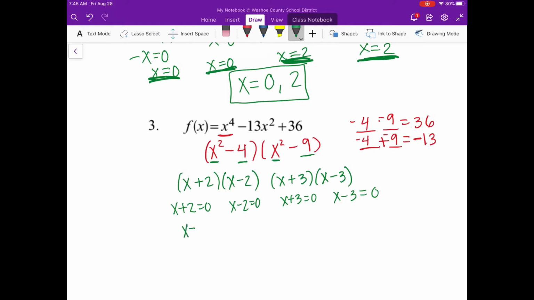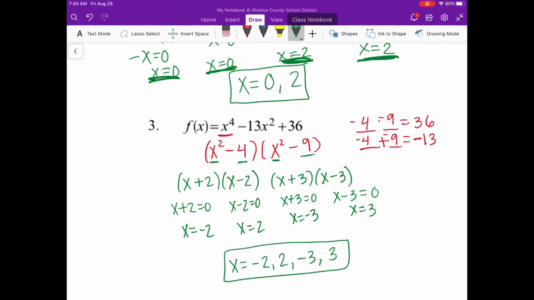But essentially, this is going to become x equals negative 2, x equals positive 2, and negative 3, and positive 3. So my final answer is just me listing those numbers. And again, I know I'm supposed to have 4 solutions because of that highest exponent in the function, okay?